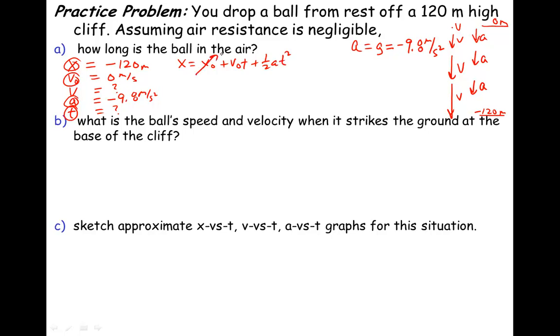We know the initial position is 0. We've said that already. The initial velocity is 0. We've said that over here. So the equation, because x is equal to 1/2 at squared, if I solve that for t, now you can do this math yourself, the algebraic manipulation, to find that t is equal to the square root of 2x over a.